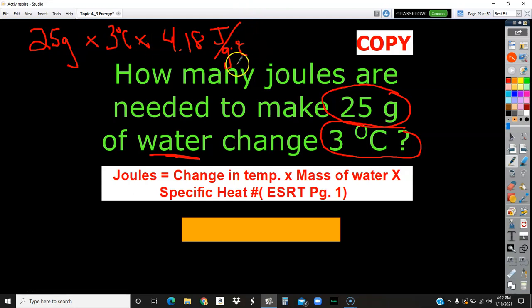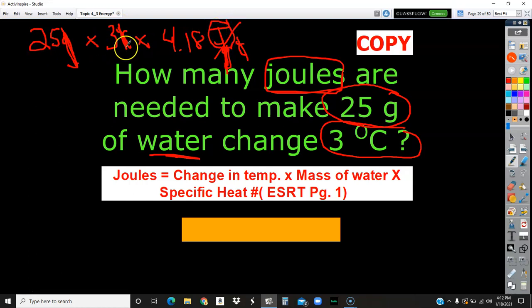Now, why are units important? Because remember, you're looking for joules. Notice this gram is on the top, this gram's on the bottom. Units cancel units, so this gram's going to go away. This Celsius is on the top, this Celsius on the bottom. Cancel out. What am I left with? J for joules. That's what I want.